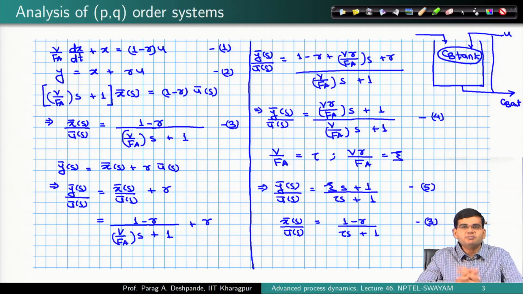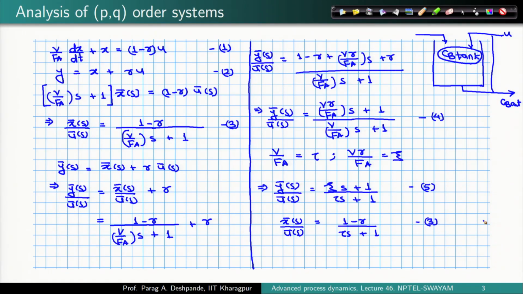Well, I have two variables which I can identify in the system. If I am tracing the dynamical response of my system for the change in the concentration of B inside the tank, then from equation 3 it is quite simply a first order system, okay? Because 1 minus r can be identified as the static gain of the system, tau the time constant of the system is V by F A, first order dynamics.